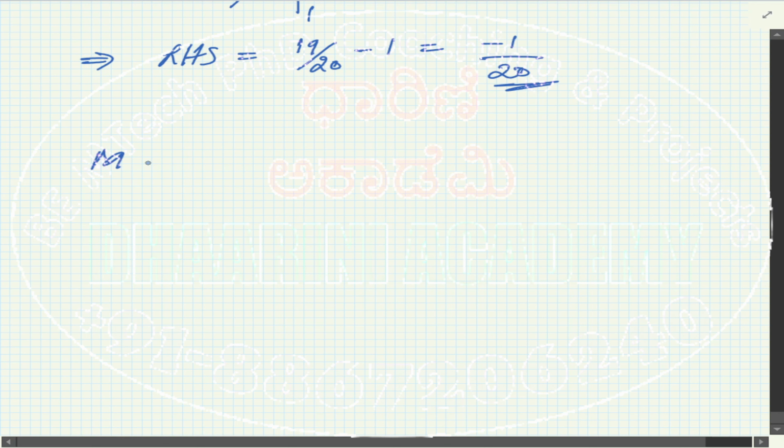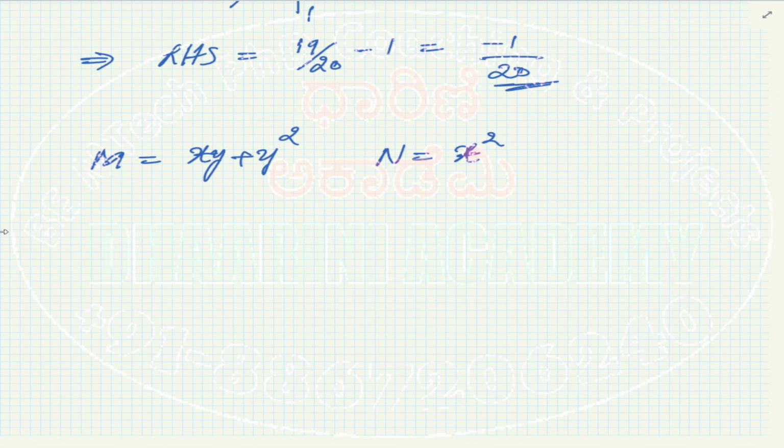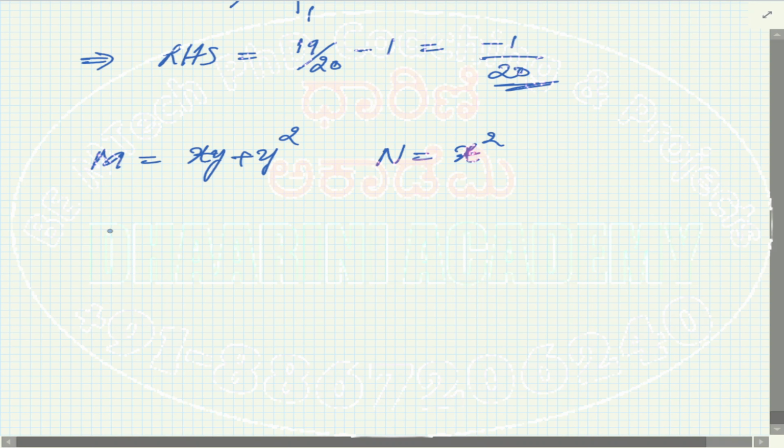we denote M value. M is equal to xy plus y square and N is equal to x square. This is given in the equation, right? So I need dou M by dou y. With respect to y, we are differentiating.